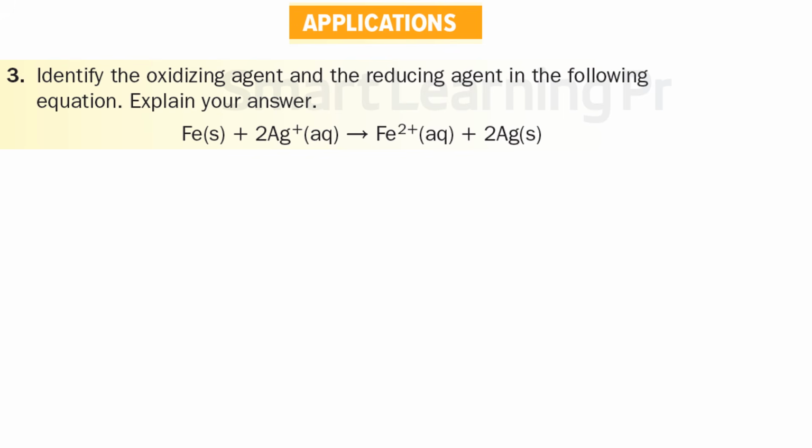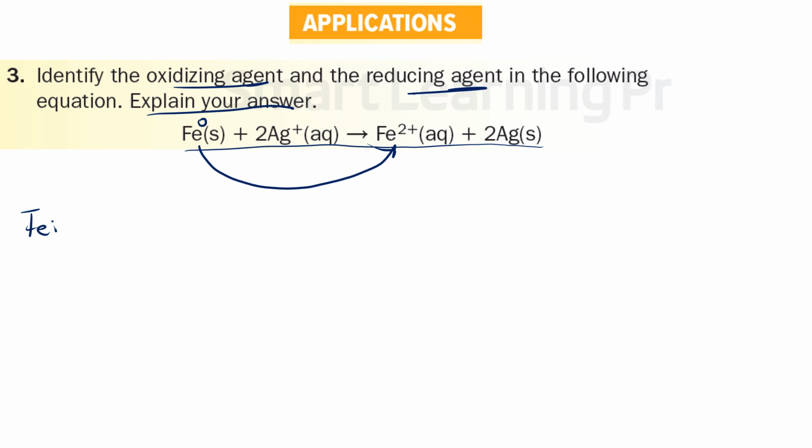Now identify the oxidizing agent and reducing agent in the following equation. Explain your answer. All right. So you have this. Again, you can break this into two things. So ال Fe شحنتها كانت صفر وصارت positive 2. So Fe here oxidized and it is reducing agent.